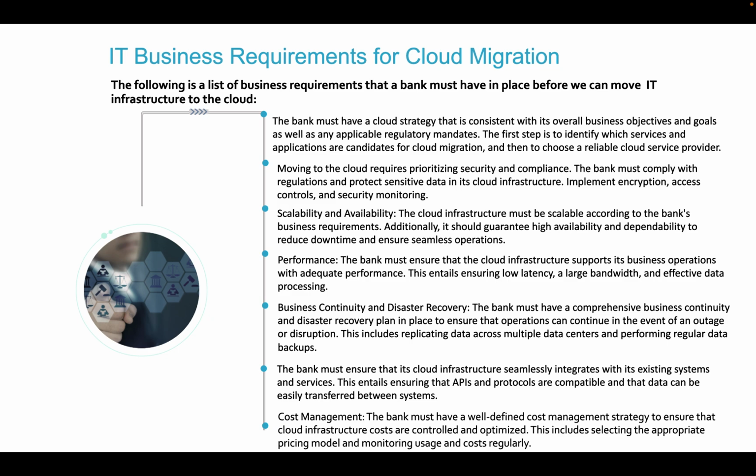We also have to consider scalability and availability, and performance of the services, and of course business continuity and disaster recovery to ensure service resiliency in case of any disaster. And of course we have to ensure integration with the legacy system and compatibility with the existing bank system to ensure a smooth transition from on-prem to cloud.